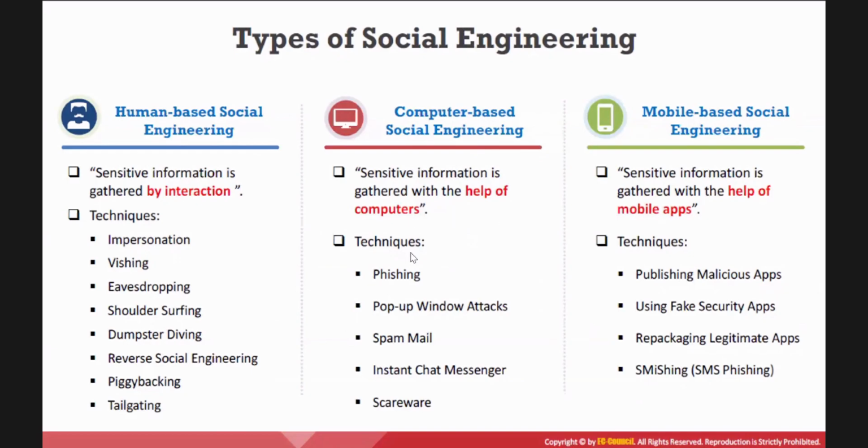If it is computer-based, it is nothing but giving a phishing link to the target, or using a virus, a pop-up window, or a spam mail, sending the intended thing to the target computer, and then we can retrieve some files from there. So that is computer-based social engineering, and then mobile-based social engineering.